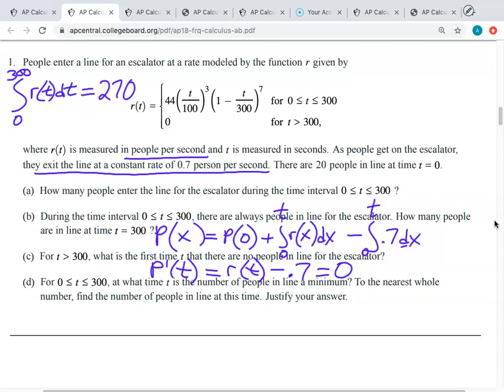You should end up with 2 answers. Remember, you're only going from 0 to 300.